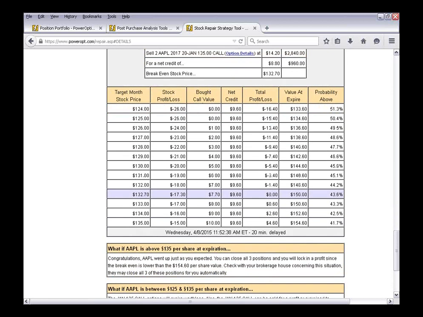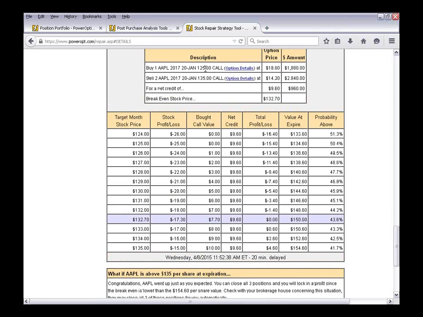Well, as we scroll down and look at the chart below, we see here that if the stock was trading at 132.70, remember we'd have a loss of $17.30 from our original price of 150. We took in 960 for that initial net credit. But if the stock's trading at 132.70, that one January 125 call is now $7.70 in the money, and the 135s are still out of the money.